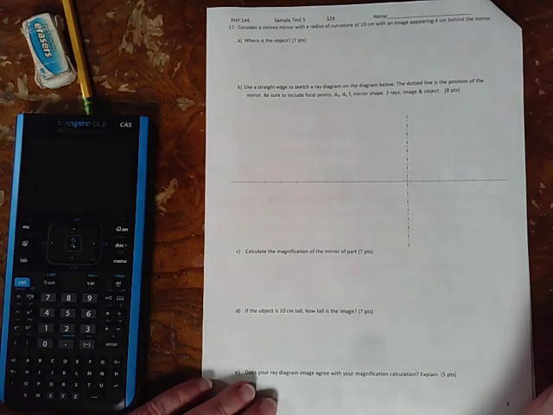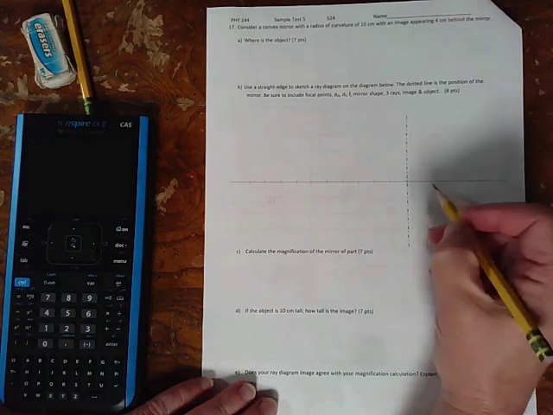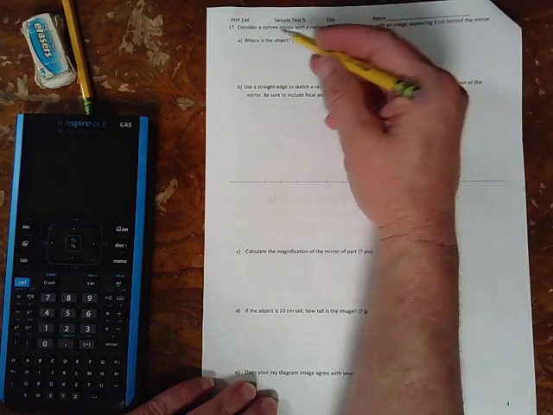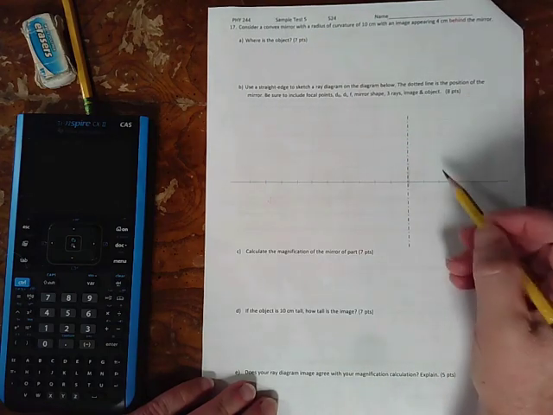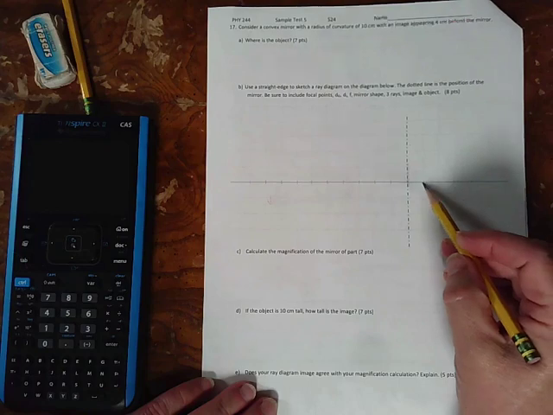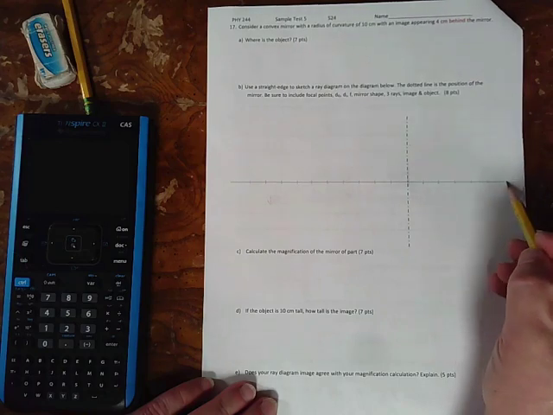Okay, consider a convex mirror with a radius of curvature 10 centimeters and an image appearing at 4 centimeters behind the mirror. All right, so convex mirror, so convex radius of 10 centimeters. 1, 2, 3, 4, 5, 6, 7, 8, 9, 10.